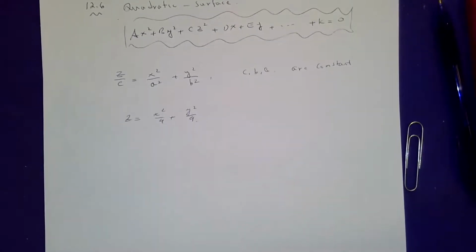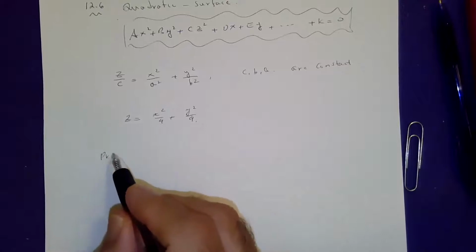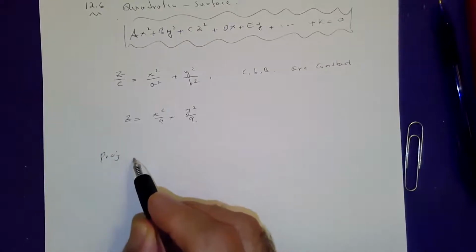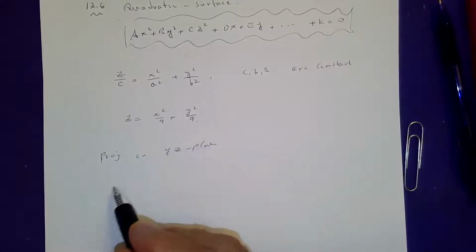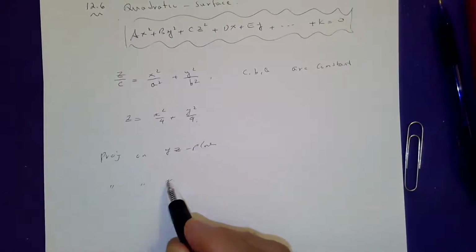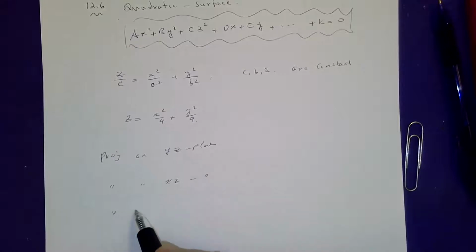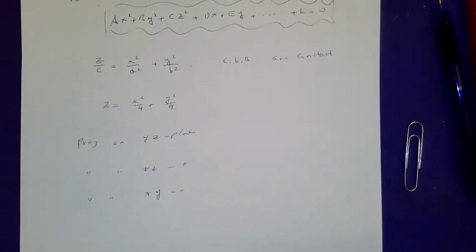Do you remember? So what we had to do was find the shadow of this surface, the projection on the YZ plane, do you recall? Projection on the XZ plane, projection on the XY plane. So we can get an idea of how the cross section of this surface looks.